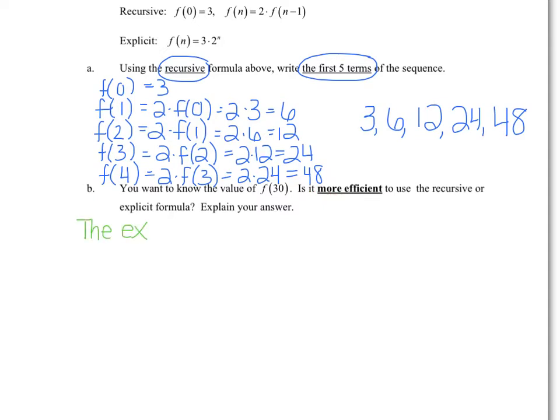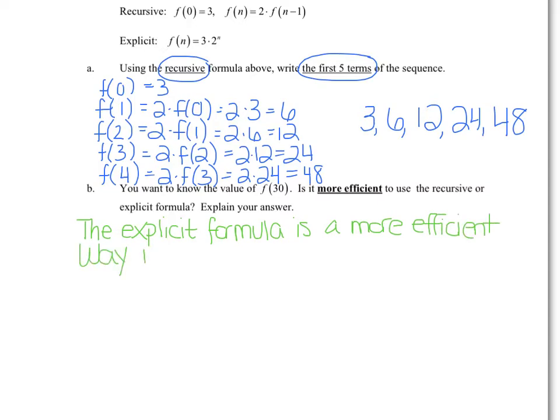So the explicit formula is a more efficient way to find the value of f of 30. Now we need to explain why.